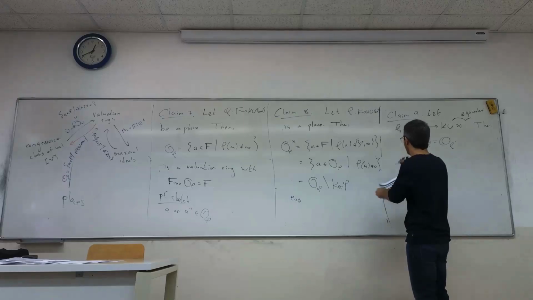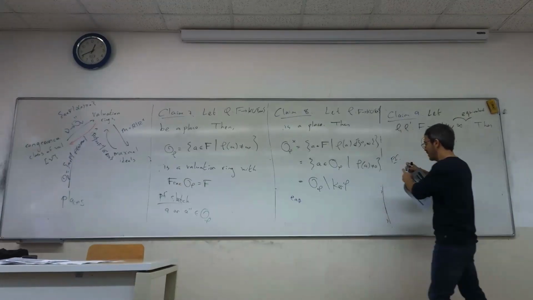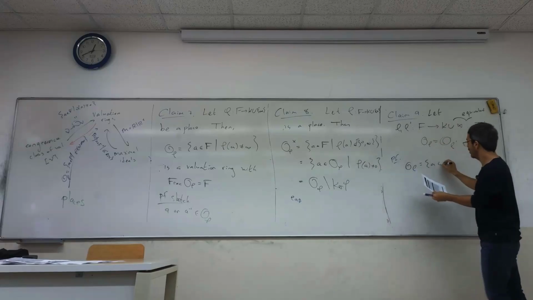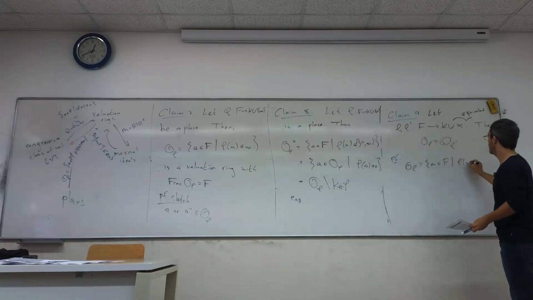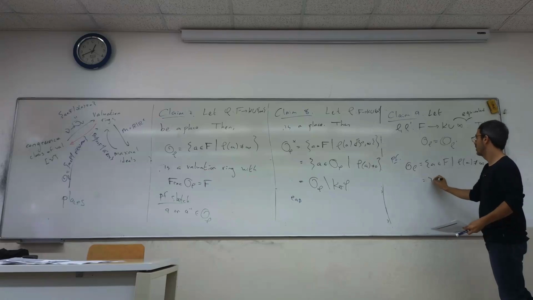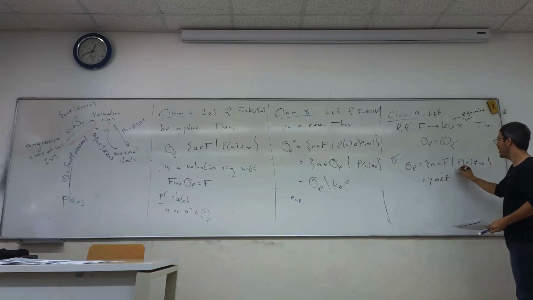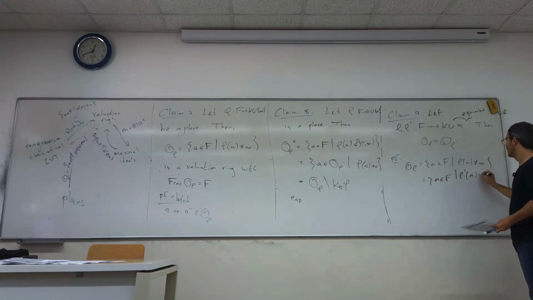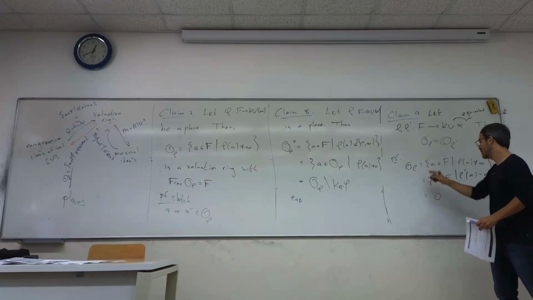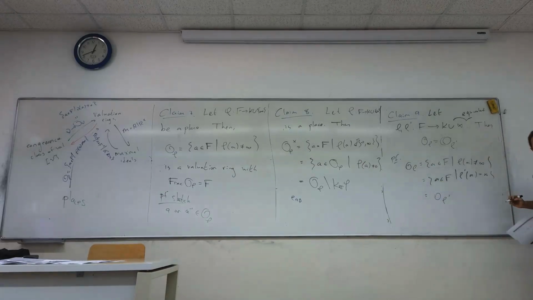So the proof is obvious, but let me write something. O phi is all a in F for which phi of a is non-infinity. But because phi and phi prime are equivalent, you can just replace phi with phi prime here. Because equivalent means that they point at infinity at the same time, which again is just by the definition of equivalence.